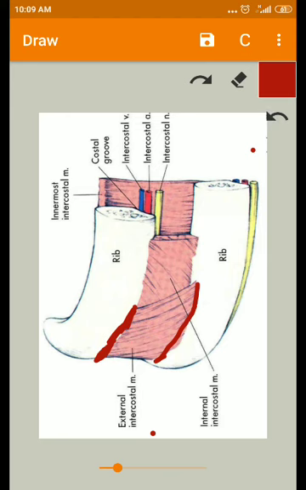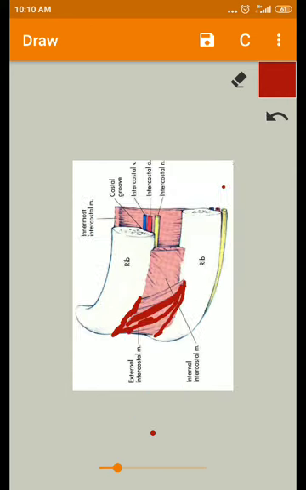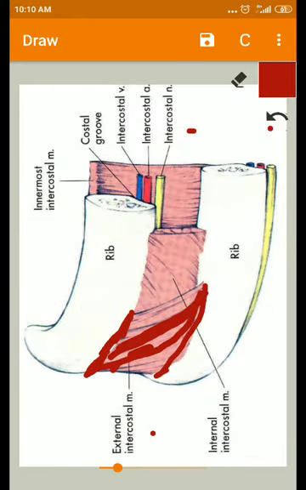Okay, so the fibers in the external intercostal muscle run downwards, forwards and medially. So how can you easily remember these fibers?